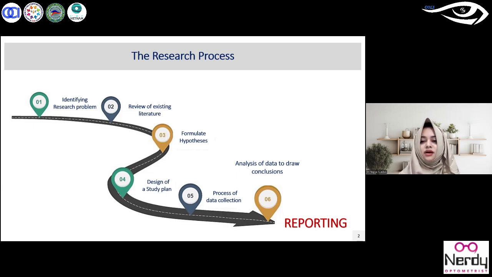Finally, after crossing all the essential steps, there comes the happy ending, the stage of scientific writing and publishing.